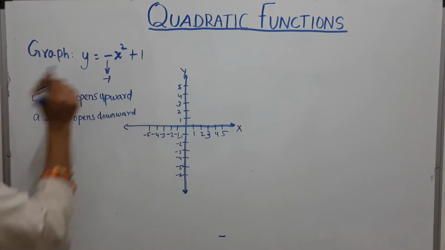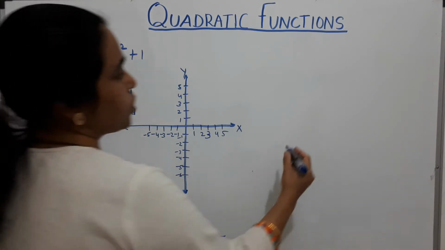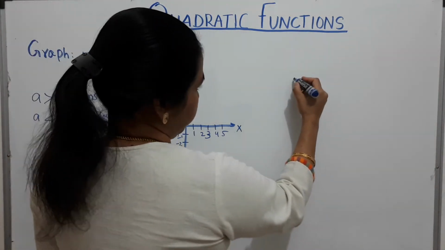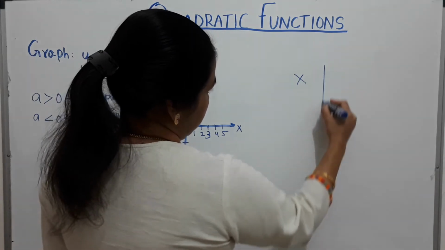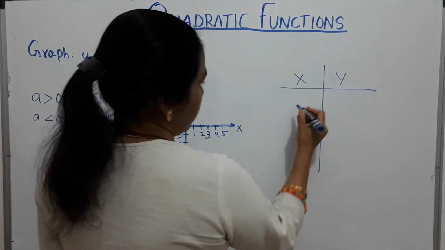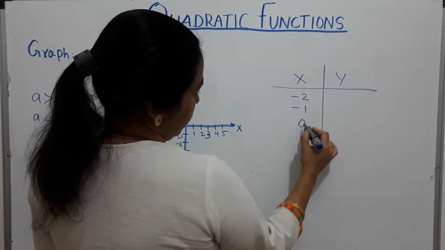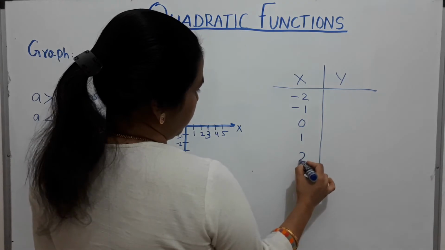Okay, for graphing it, we can make a table and choose some x values so that we can substitute in here and find the value of y. Let us say negative 2, negative 1, 0, 1, 2.